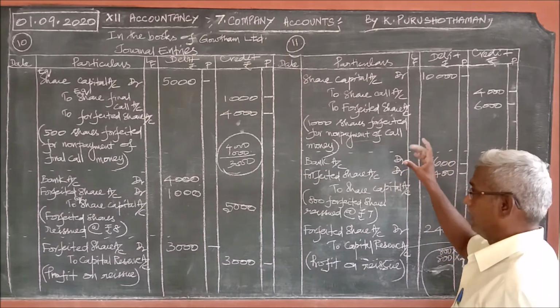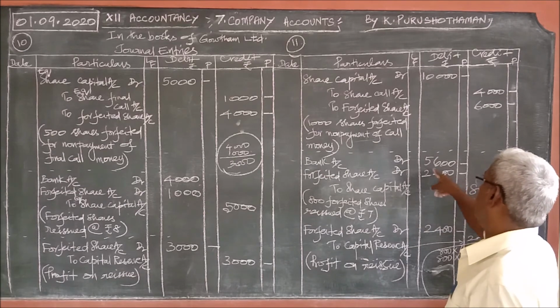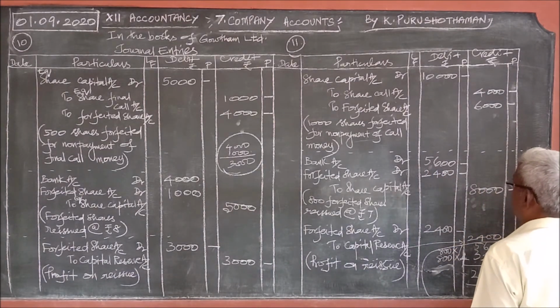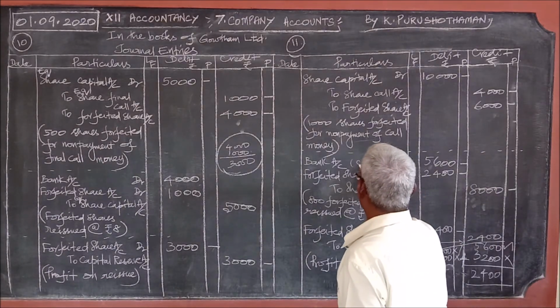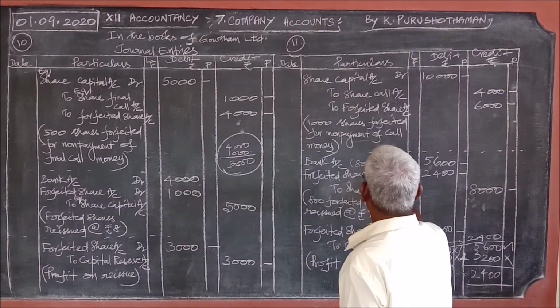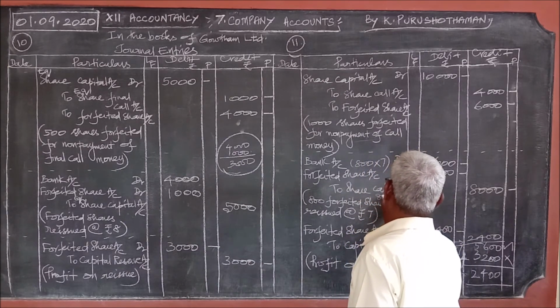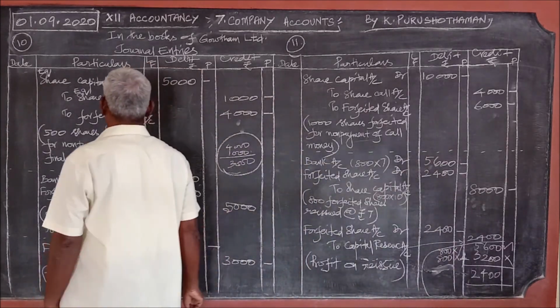That you should remember. Here for 800 shares it is 8,000 and the bank received this 800 into 7 rupees. Here the same 800 into 10, you should remember this. The same thing here also.